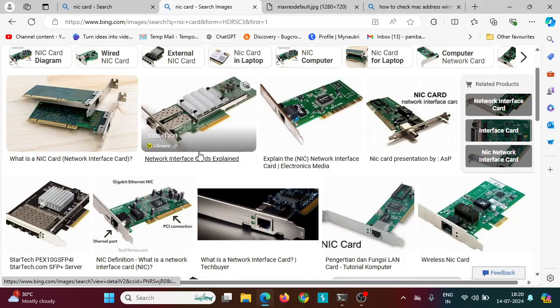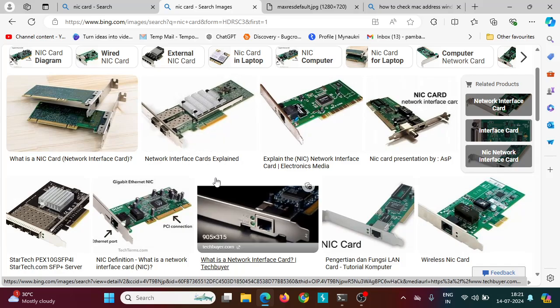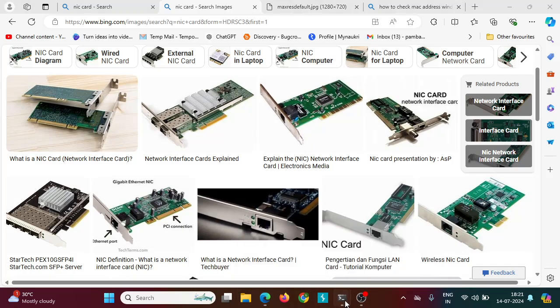When there is a huge number of laptops in your network and a packet comes to your network, where this packet needs to go is identified through your MAC address.